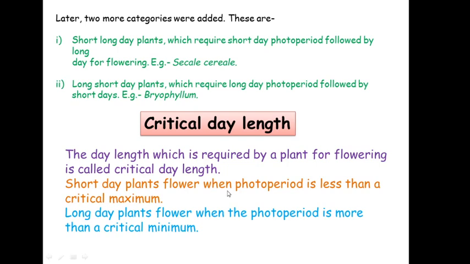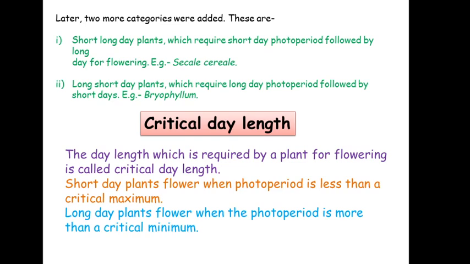Short day plants flower when the photoperiod is less than a critical maximum. Suppose the Maryland Mammoth variety of tobacco plant has a critical day length of 12 hours. Okay, this is not an assumption, this is a fact. So in the case of the Maryland Mammoth variety of tobacco plant, the critical day length is 12 hours, and I will tell you that Maryland Mammoth variety of tobacco is a short day plant.